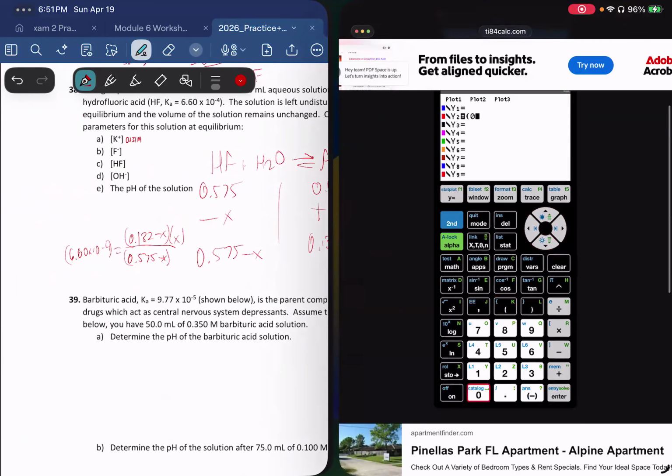So let's plug this in: 0.132 plus X times X, and then the top is going to be 6.60 times 10 to the negative 4, times 0.575 minus X. Let's do second calc.